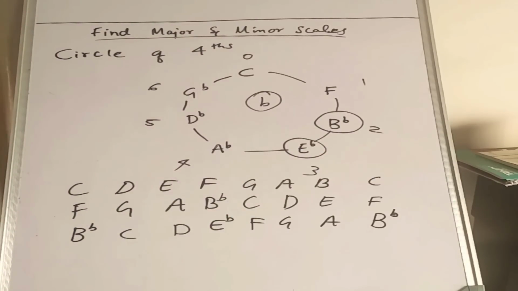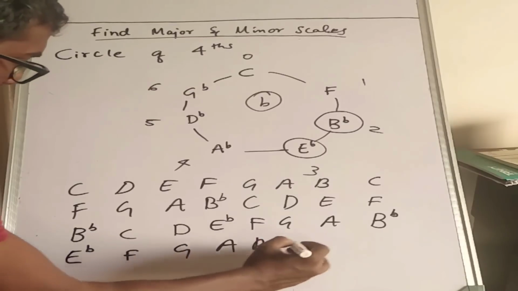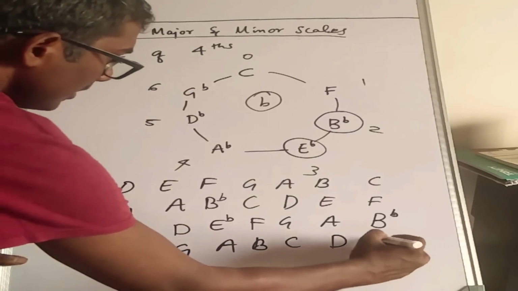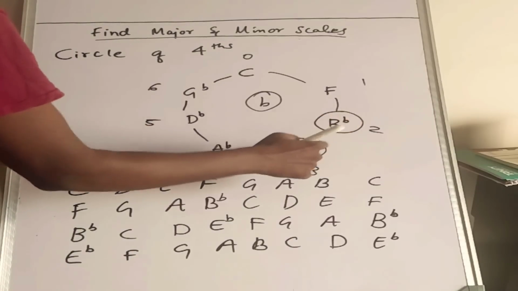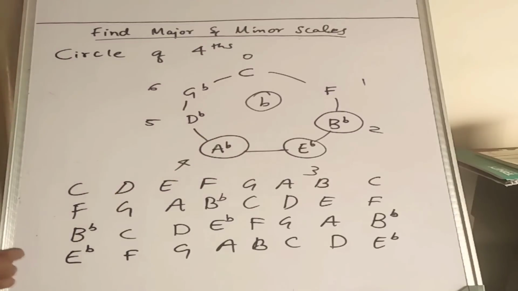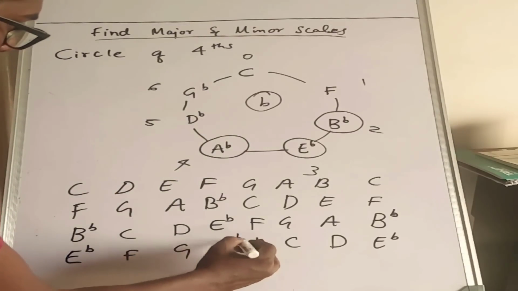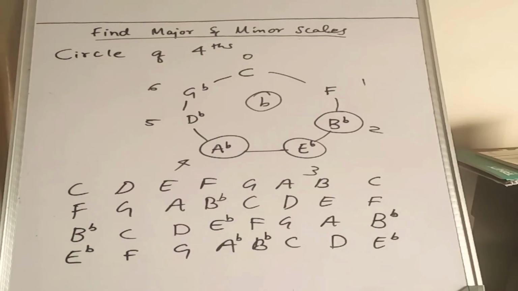Let's find E flat scale. Write the notes as it is. Go to the next note. That is A flat. And B flat and E flat. Yes.